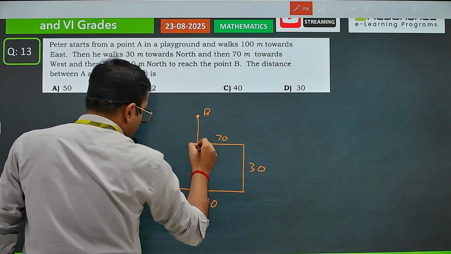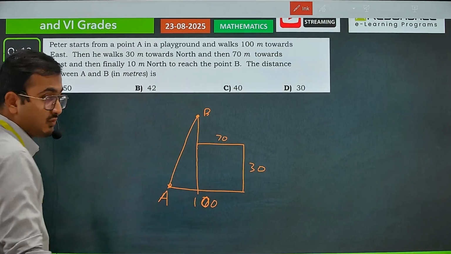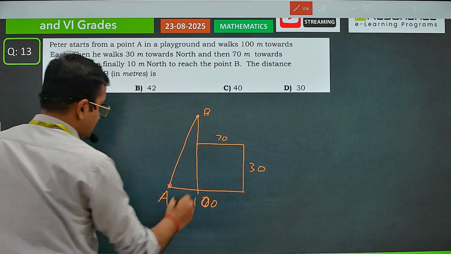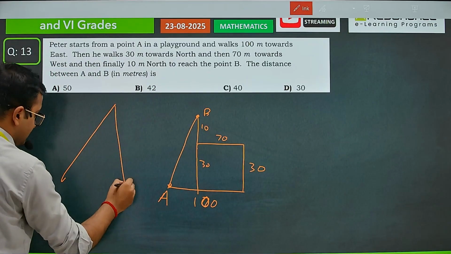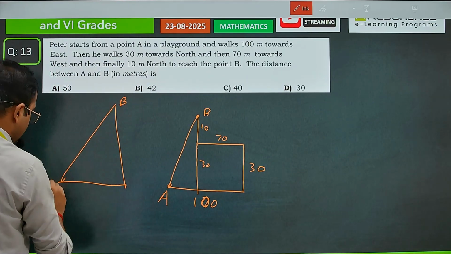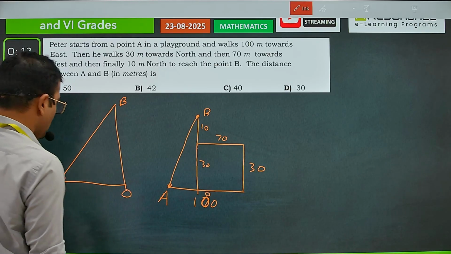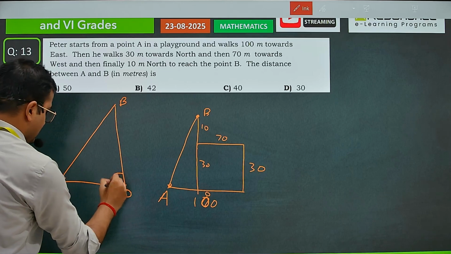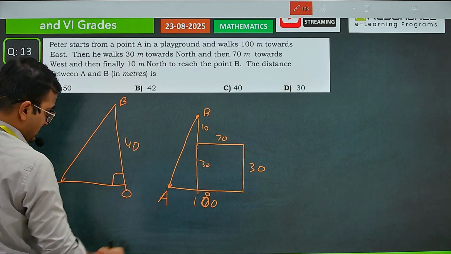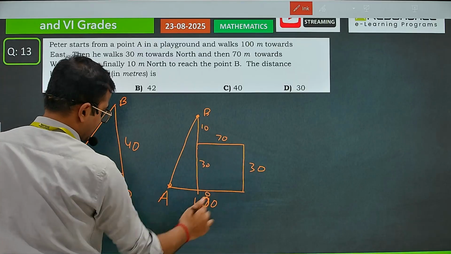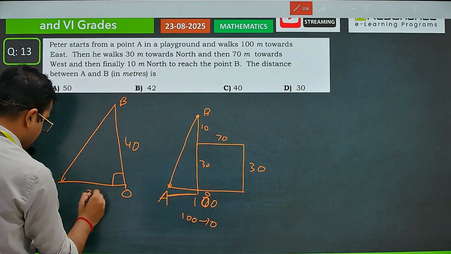So just extend the given lines. This is the distance we need to find. Obviously it's a right angle triangle. This is 30, this is given as 10. So if I make this diagram again, this point is B, this point is A, and this point is O. This is 90 degrees. 30 plus 10 is 40, and this is 70, so 100 minus 70 would be the length of this, that is 30.